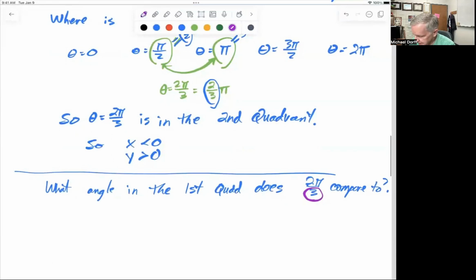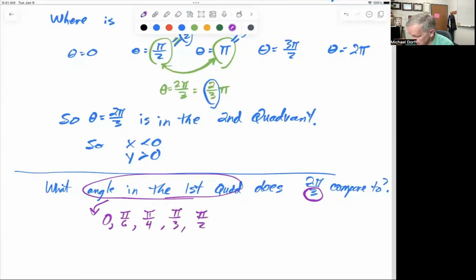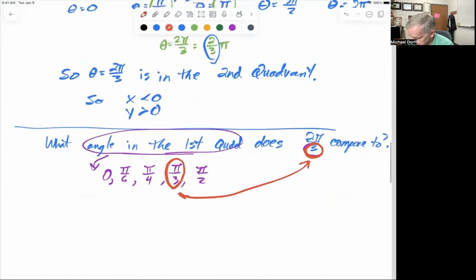The angles in the first quadrant, including the boundaries, are 0, pi over 6, pi over 4, pi over 3, and pi over 2. Which one of these has a 3 in the denominator? 2 pi over 3 has a 3, and pi over 3 has a 3. So this is what I'm going to compare it to. We're going to compare 2 pi over 3 with pi over 3.